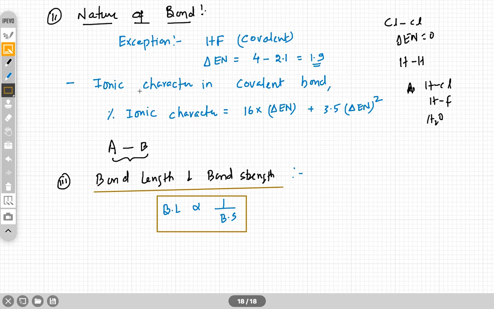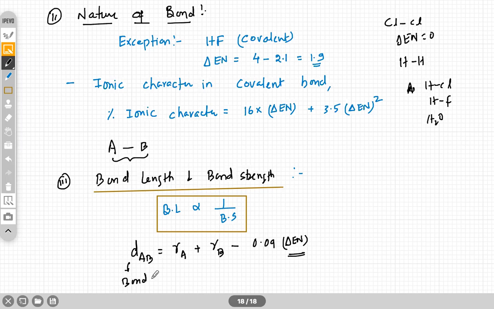We also have a formula for the bond length DAB, though again this formula is not useful. We won't use all these formulas. It is the radius of atom A plus the radius of atom B minus 0.09 times the change in electronegativity. So obviously, if this term is more, the bond length is less. This is the bond length.